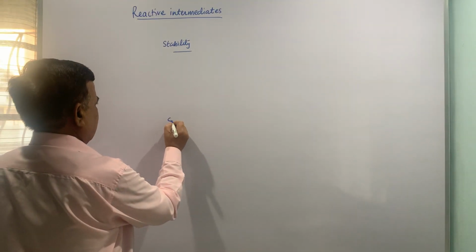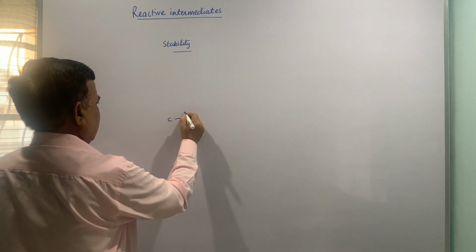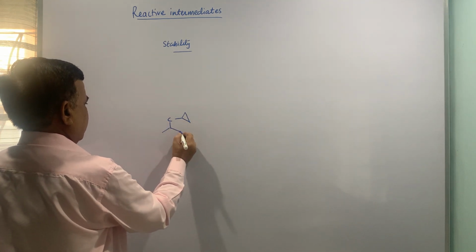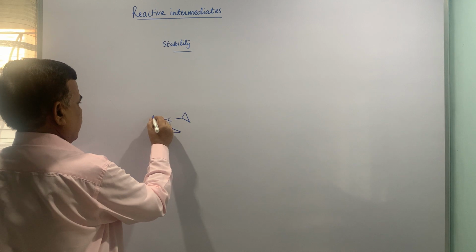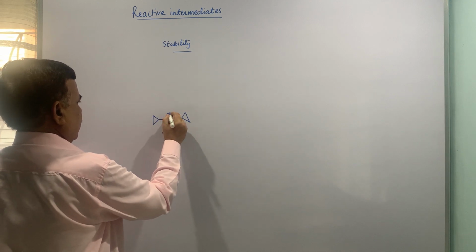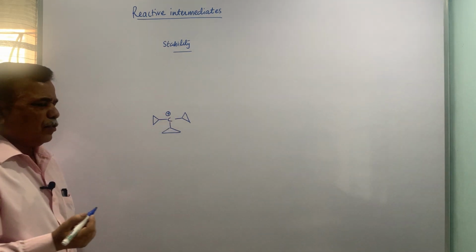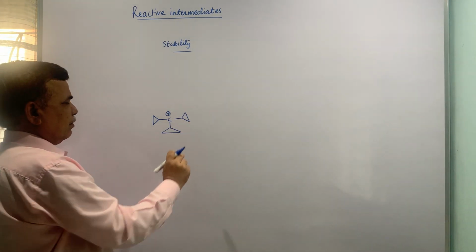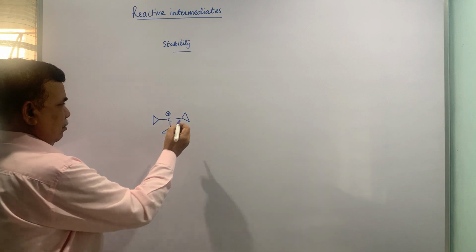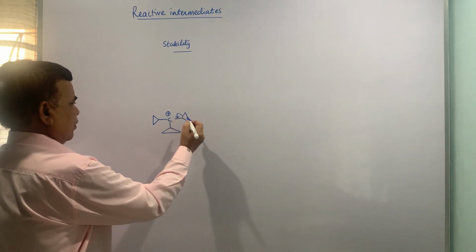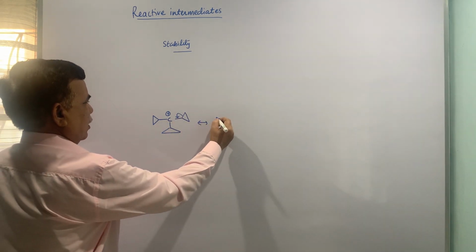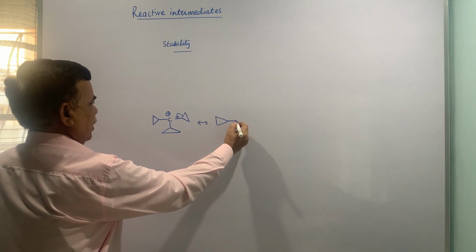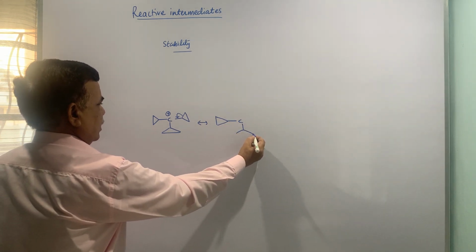Another example is wherein you are having 3 alicyclic rings next to the carbon. Now these alicyclic rings are equivalent to a double bond. So let us say I am breaking this double bond, and we are keeping the other 2 rings intact.